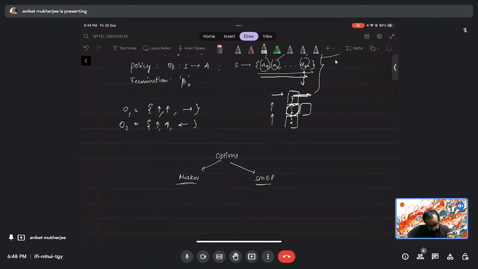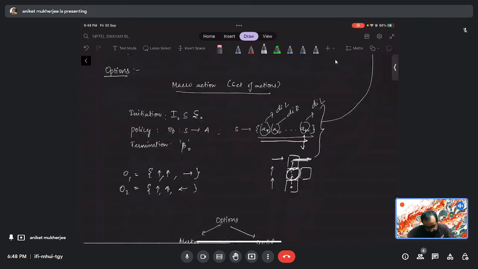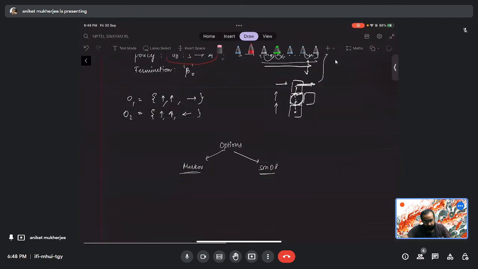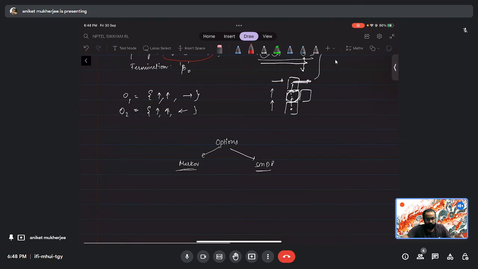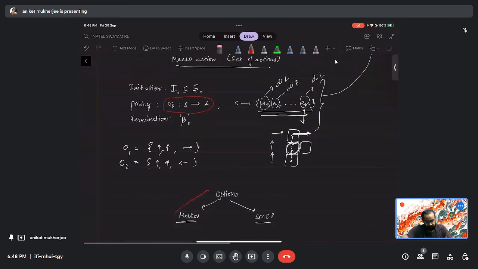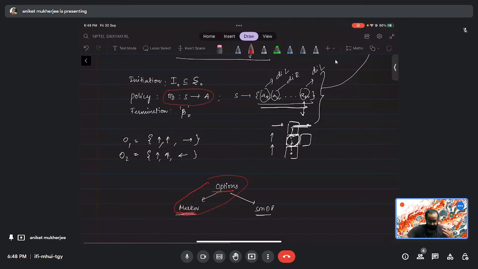Okay, so as I told you, for an option it could be pi 0, given a state you give an action, one action, that is a Markov option, which is basically just your policy for your actions. So for all these days we have been looking at just the Markov options, which is another name for policy.